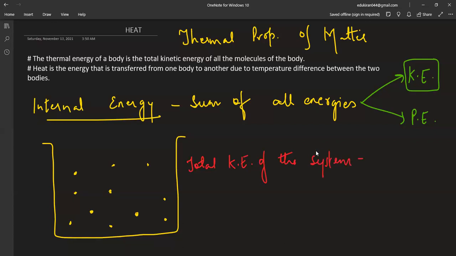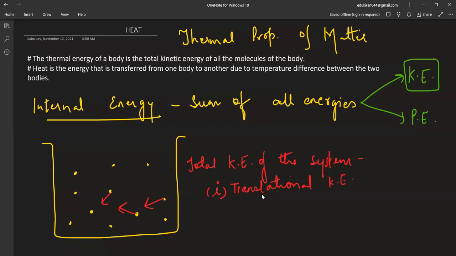So in this also, see, if this particle is present, there is a possibility that the particle is moving like this, it is moving like this, the particle is moving like this. So because of this, you will be having in your system a translational kinetic energy.